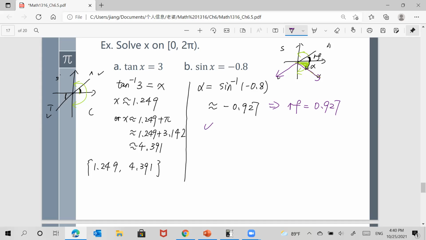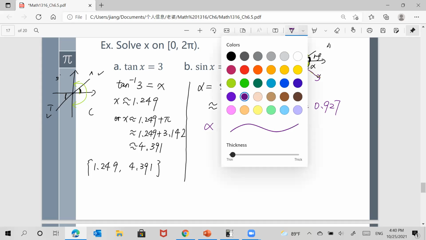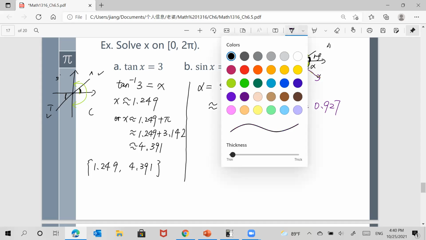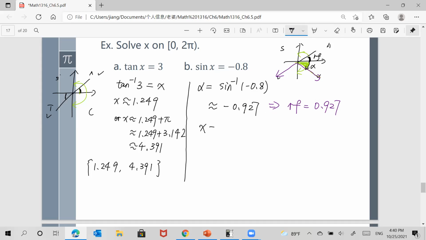Yes. So x equals pi plus the reference angle 0.927, or from here to here, 2 pi minus 0.927. So I can plug in the value of pi. If I keep 3 decimals, that's 3.142.